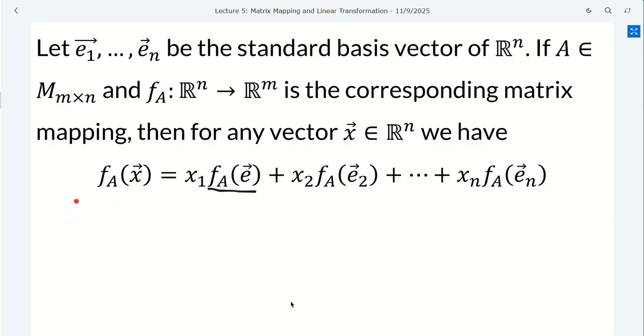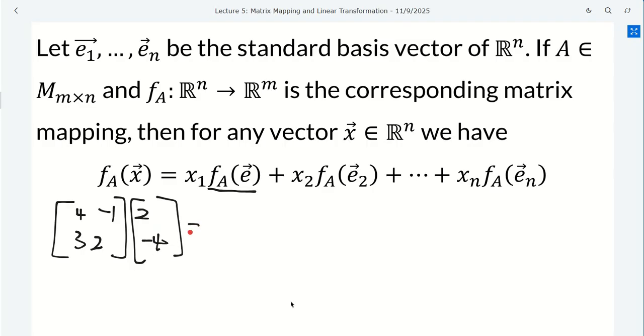So if I have a matrix, let's say 4, -1, 3, 2, and I want to use this matrix to transform this vector to -4, if this is in a vector space, I can construct this 2, 1, 0, then -4, 0, 1.